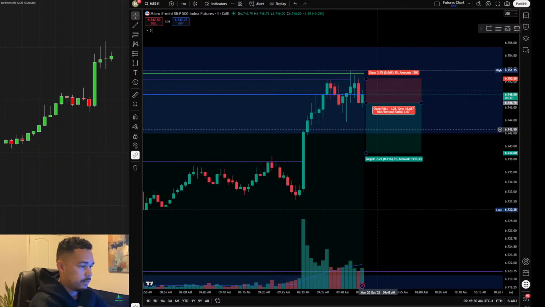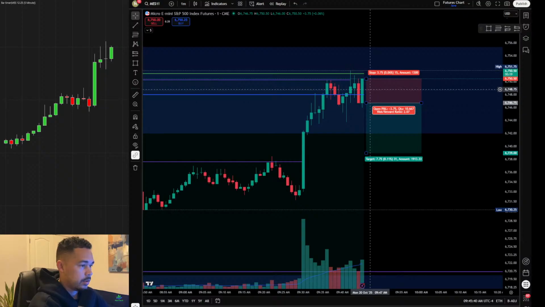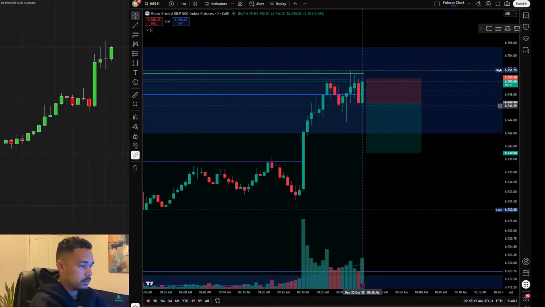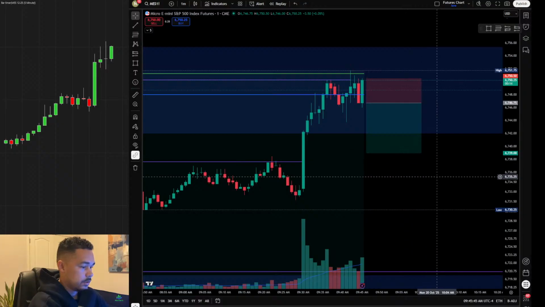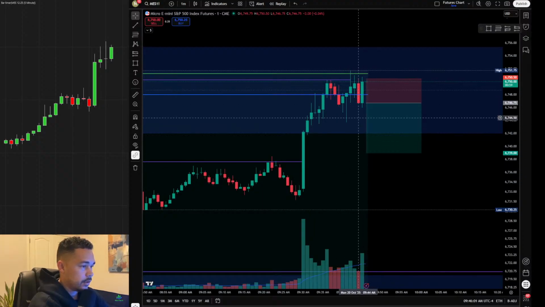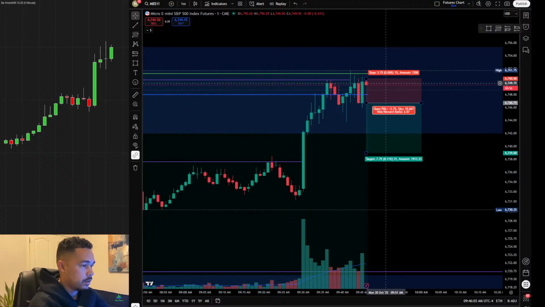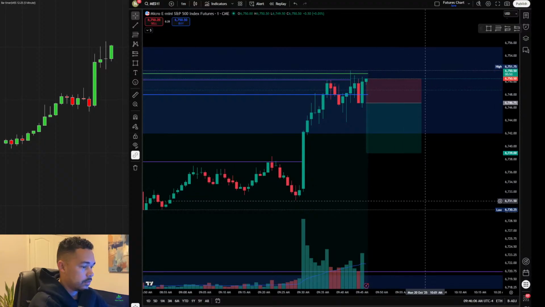I do like the bounce off of the point of control, so if it shifts down, then I'm going to look for a bearish play, but we do have a pretty significant buying right now currently. So let's see what happens. We might just continue to go bullish. If we do, then I would want to see price trade through, bounce off, and then continue.